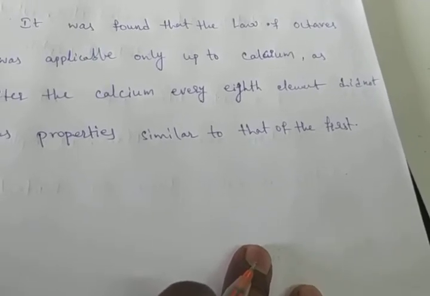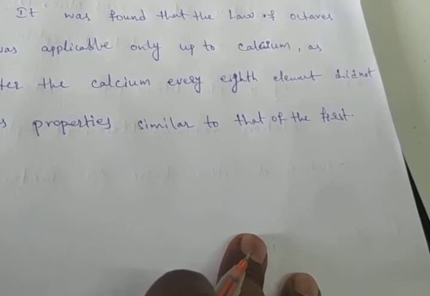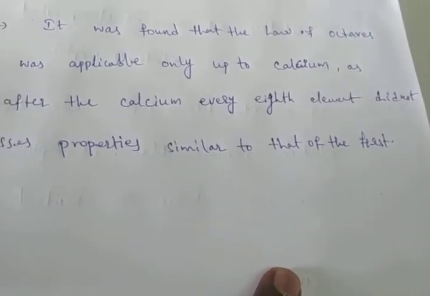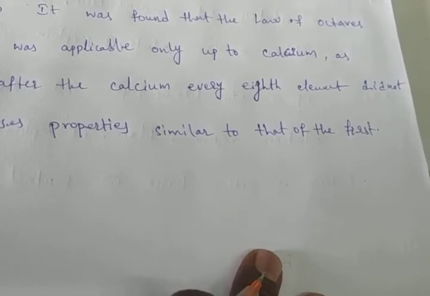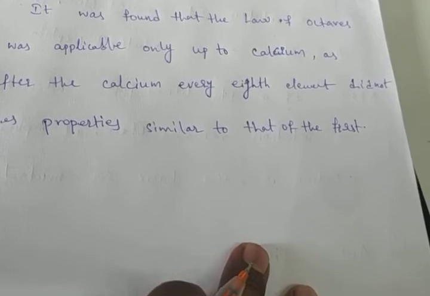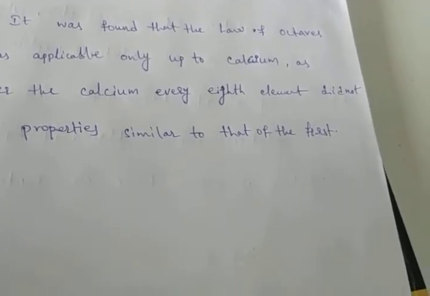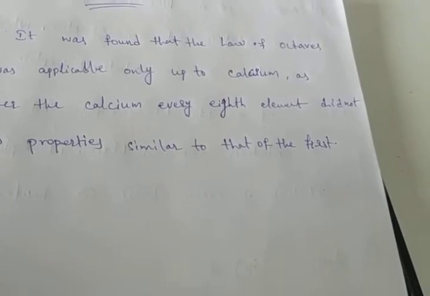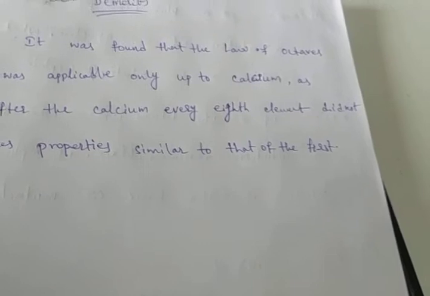When Newlands gave this table in 1866, at that time only 56 elements were known. It was assumed by Newlands that only 56 elements existed in nature and no more elements would be discovered in the future. He did not think about future elements. So this is one of the demerits.